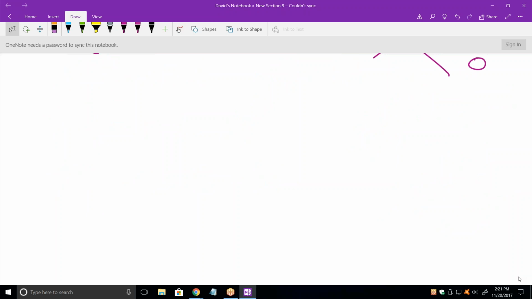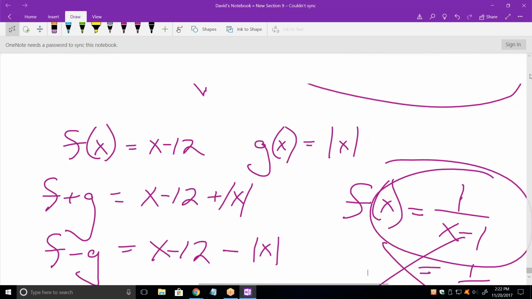What they're trying to point out in that problem, probably, is that it's possible for the domain of the combination to be different than the domain of each function. This one doesn't point it out because this domain is not restricted, either one of them.